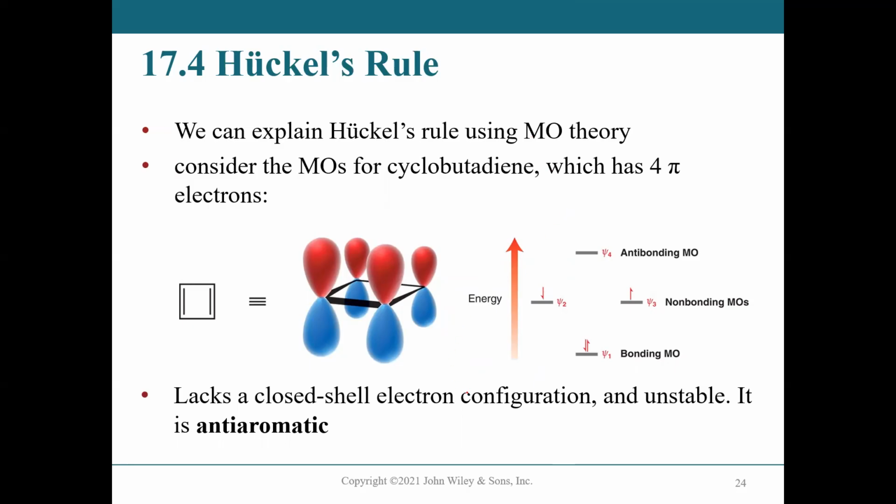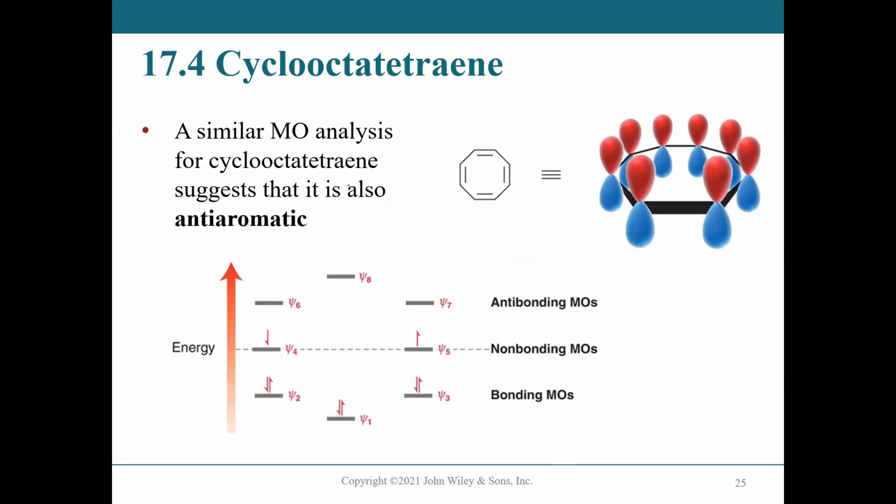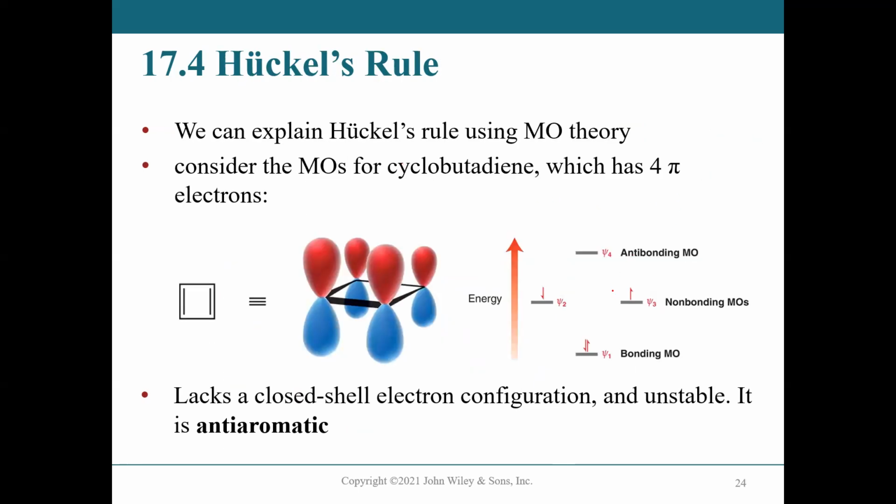So it lacks a closed shell, and cyclooctatetraene is also anti-aromatic. You can see where we put these electrons here. We put them in non-bonding molecular orbitals. We did the same thing right here. And if you notice about benzene, all the electrons are in bonding molecular orbitals, weren't they?